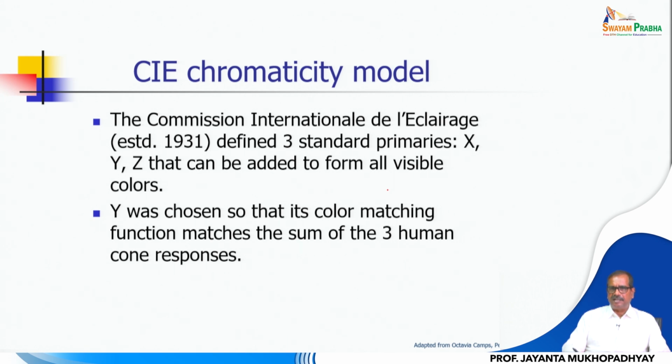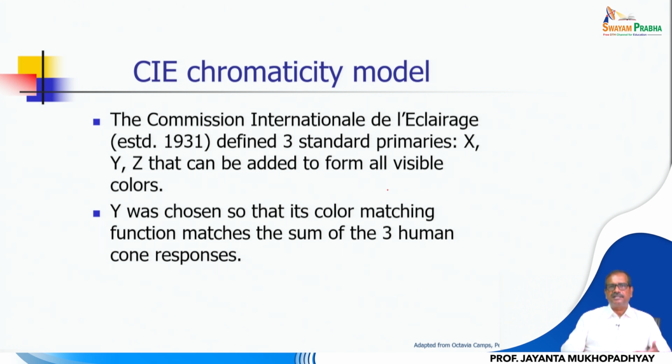Now, this is hypothetical. Physically, you cannot have those kinds of primaries, but mathematically you can. Mathematically, we can make a linear transformation of the RGB primaries to another three primaries, so that the component factors would always be positive.